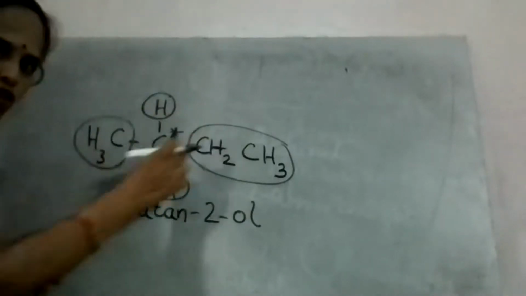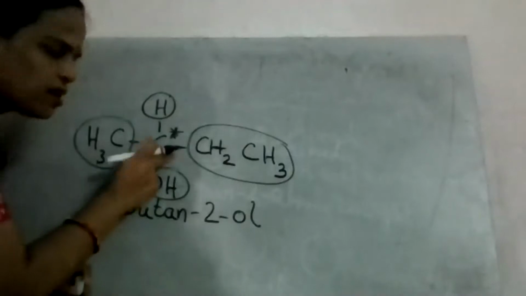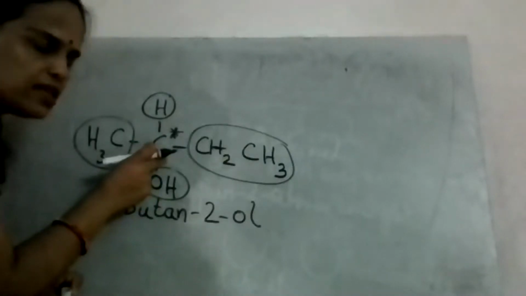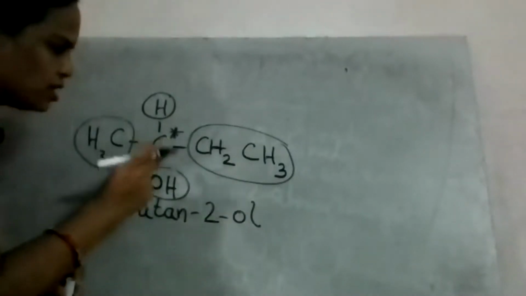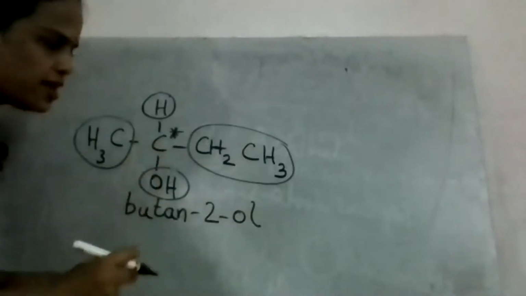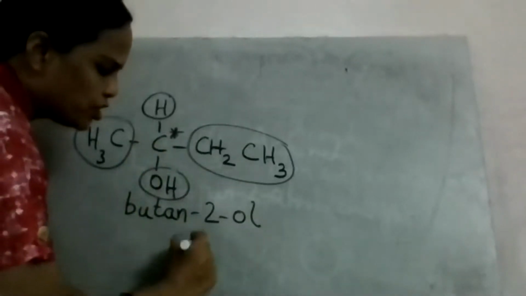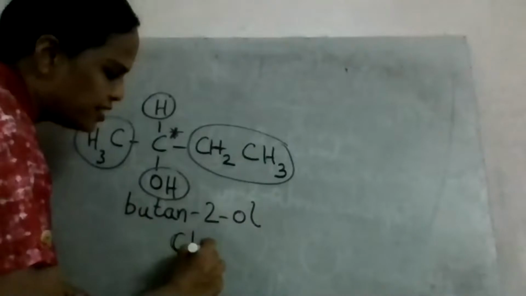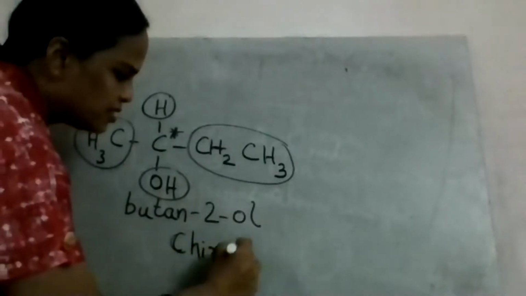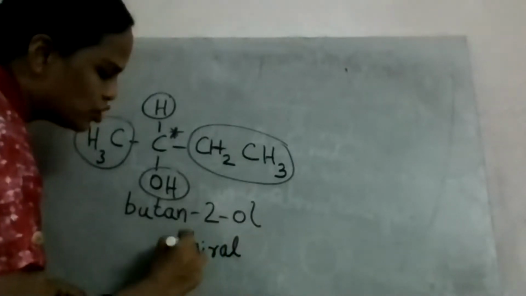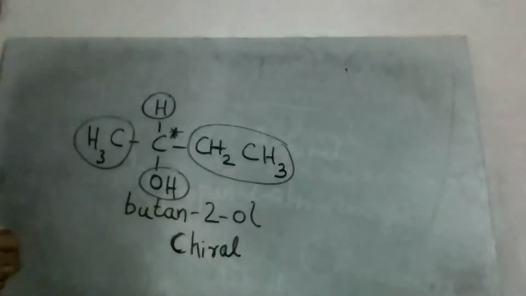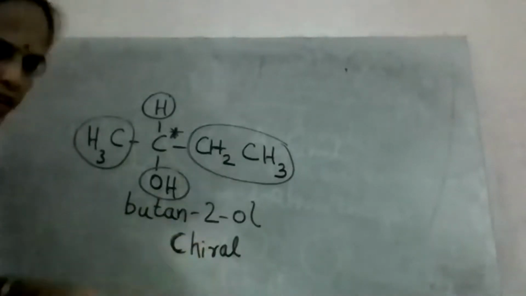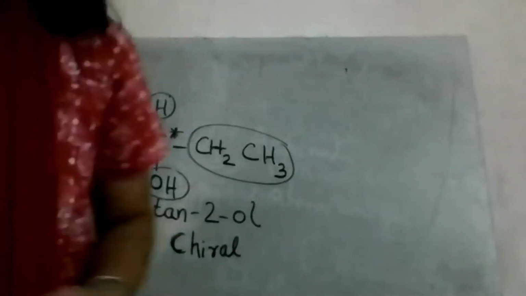Since it has 4 different groups on it, this carbon is asymmetric in nature. And since this carbon is asymmetric, the molecule is chiral in nature. It shows chirality. I hope you have understood.